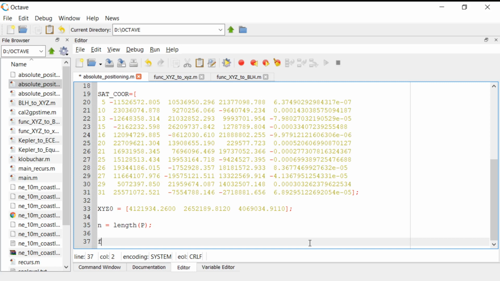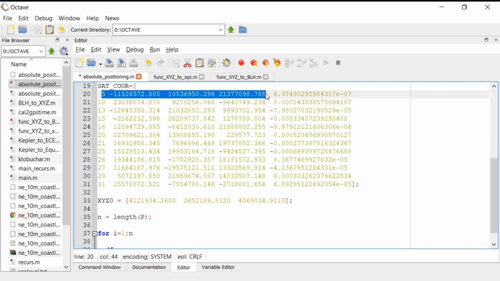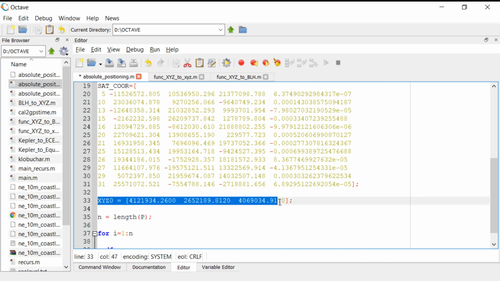Now for i equal to 1 to n, I would like to determine the azimuth and elevation angle for each of the satellites. The satellites' coordinates are given here. By using these coordinates, I want to compute the satellite's azimuth and elevation from my point, whose approximate position is given.